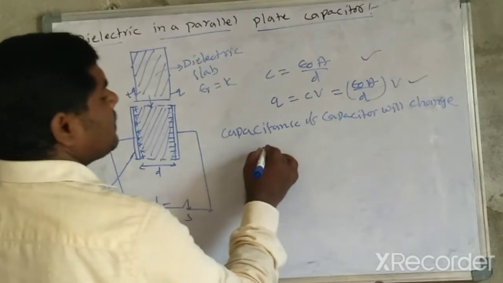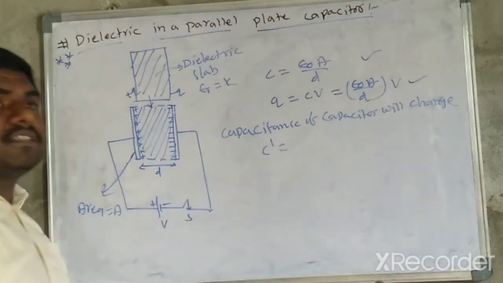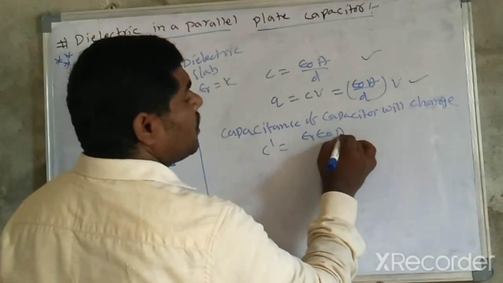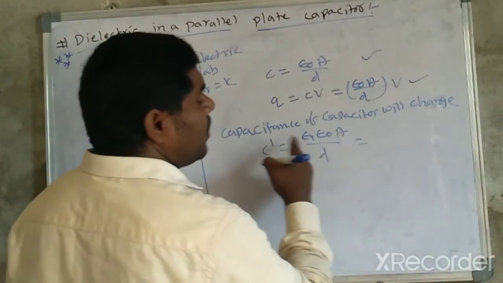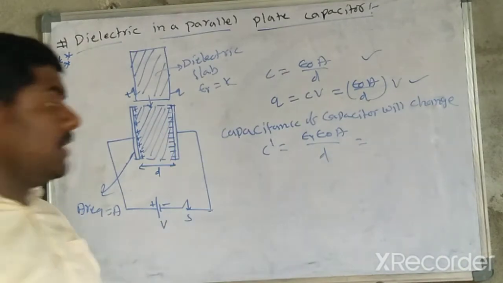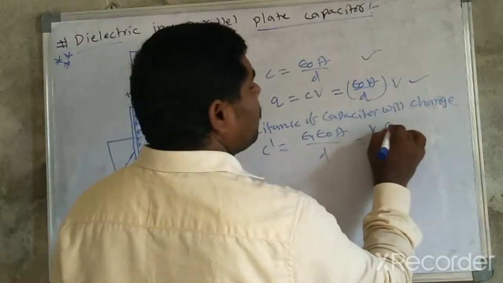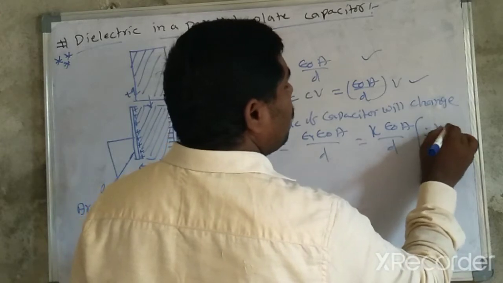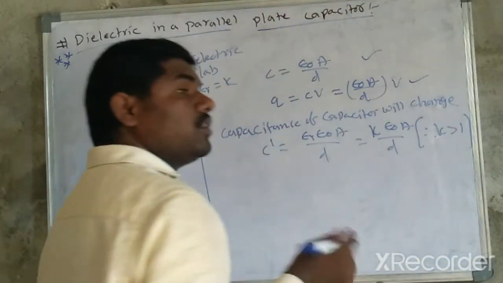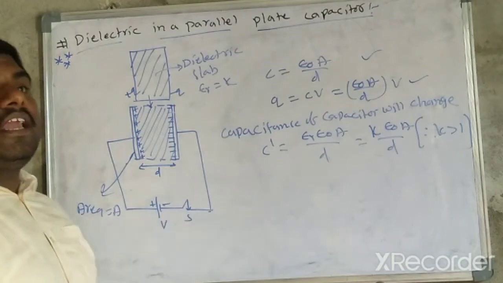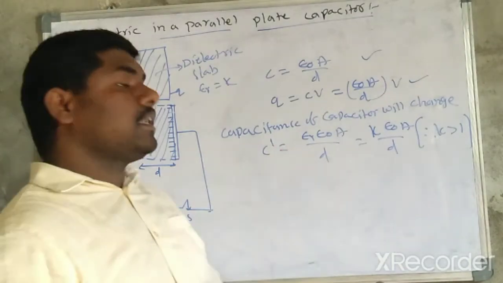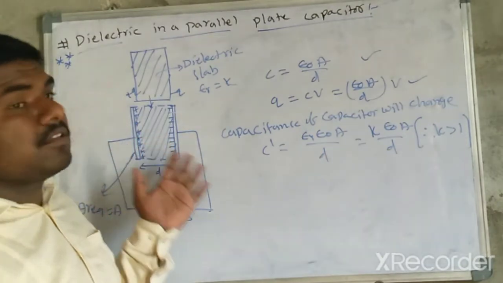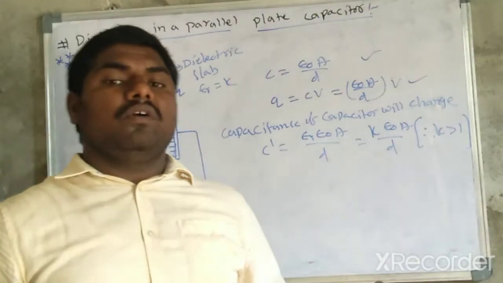Here C dash is equal to the capacitance of the capacitor with epsilon r into epsilon naught A divided by D. Epsilon r is nothing but what we consider as K. So here it is K into epsilon naught A divided by D. Here the K value is bigger than 1, because the dielectric constant of the air medium is 1. So that's why for a dielectric slab the value is more than one.